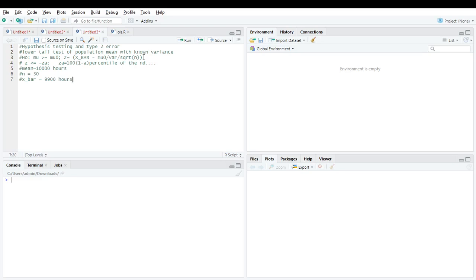Now they have given you that, as we know that we are doing what? We are doing for known variance, right? So the population standard deviation is given. STD equals 120 hours, and your significance level, which will be alpha, is, as we probably use every time, 5%.